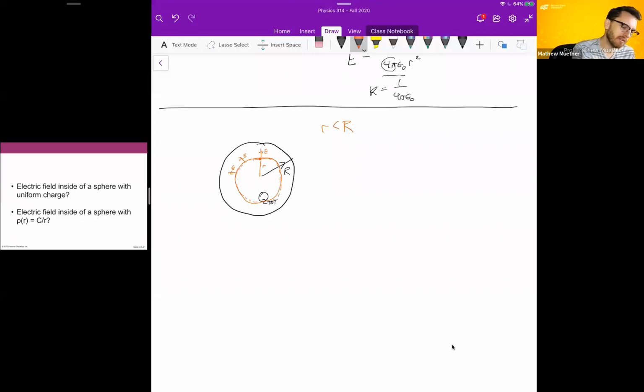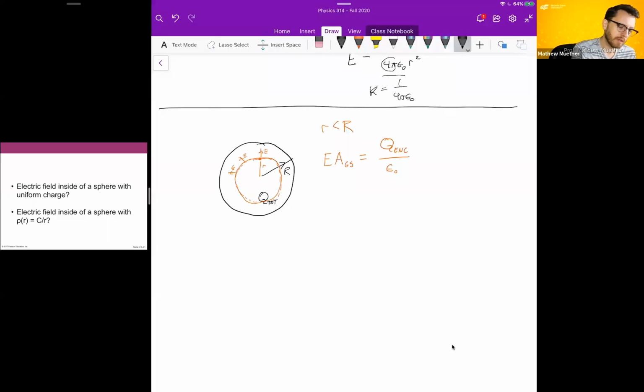That means Gauss's law, I can still write down as the electric field at that position times the area of my Gaussian surface. That surface integral just comes out to be this simple form like we saw before, and that has to equal the enclosed charge over epsilon naught.